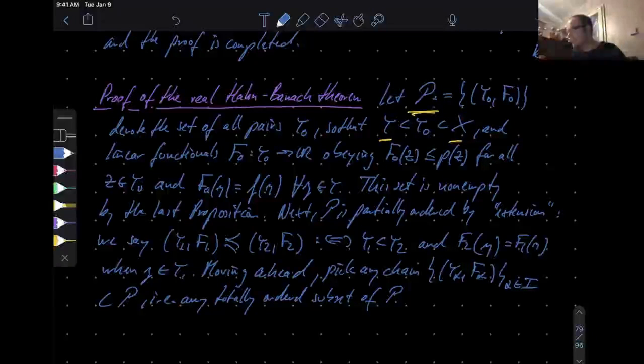And that step is similar to what we did in the proof of the basis theorem in the Hilbert space world. There we looked at the union of all the orthonormal sets in that chain, and that's what we do here. First look at the union of all those Y alphas, but now you also have to introduce a functional, because we are looking at pairs, not just subspaces.